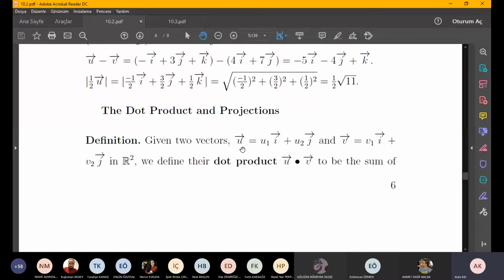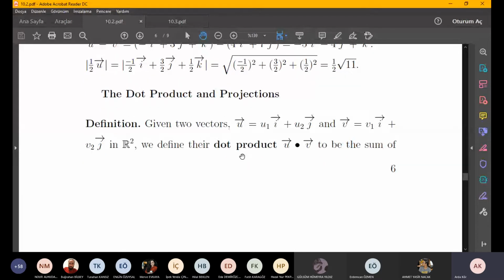If you have two vectors in two-dimensional space, in R2, with components, u has components u1 and u2, and v has components v1 and v2. The dot product is denoted by that big dot here, and it denotes a scalar.